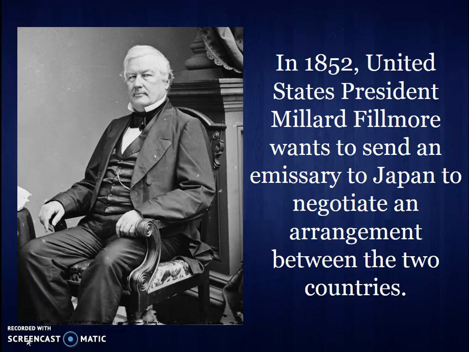So in 1852, the United States president was Millard Fillmore, and he was one of the early proponents of opening up trade with Japan. And he wanted to send an emissary to Japan to suggest this arrangement between the two nations and negotiate on his behalf.